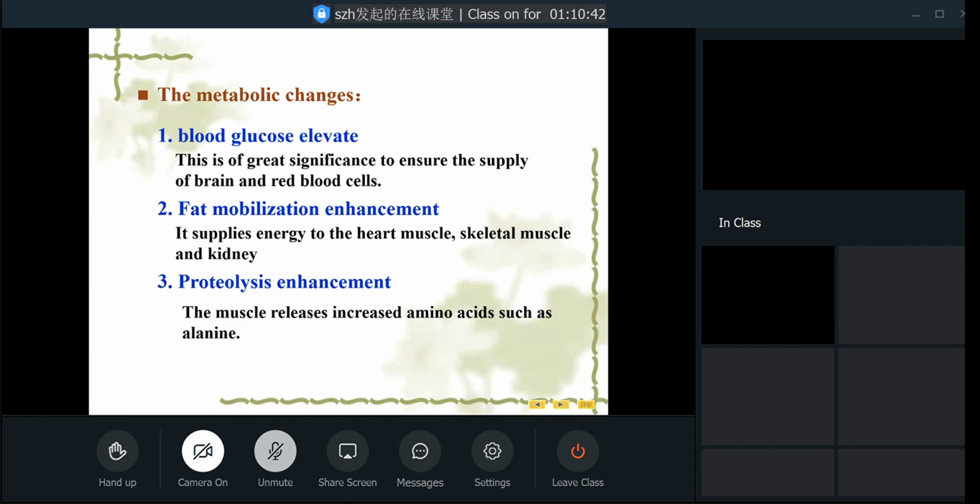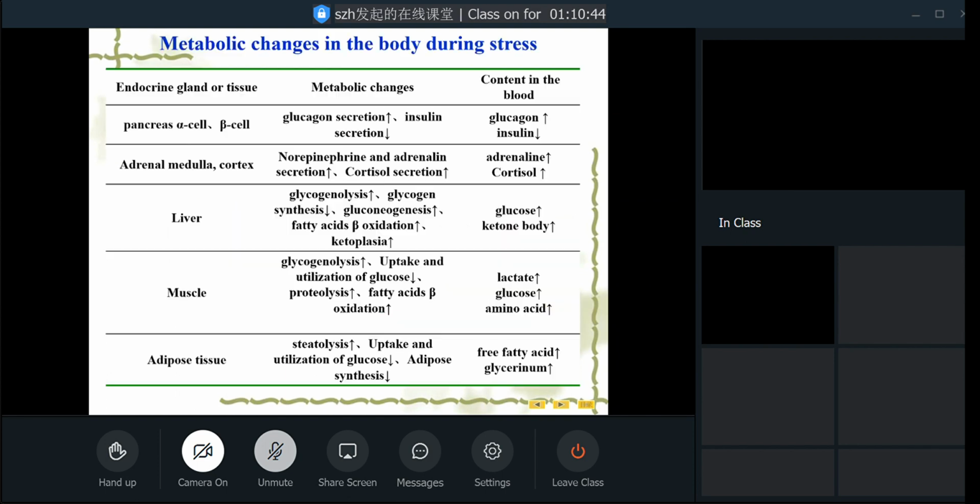Another thing is the proteolysis increase. So during these times, you can see different organs and different tissues, what happened.